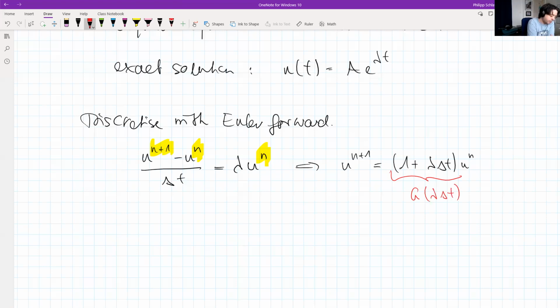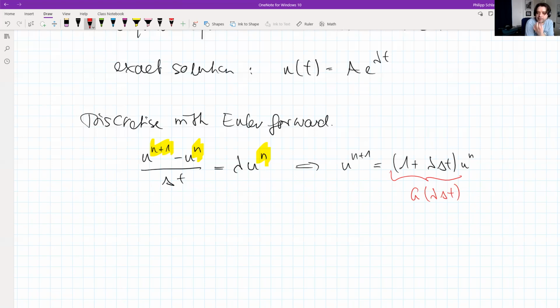Good. Now, in order for stability to hold, we need to make sure that the absolute value of this G is limited. The idea was we didn't want linear errors in u^n to amplify over time. And what we saw last time is that the equation that determines the growth of epsilon, so the error, fulfills exactly the same discretized equation.